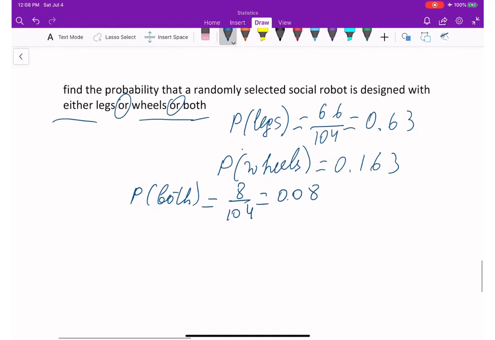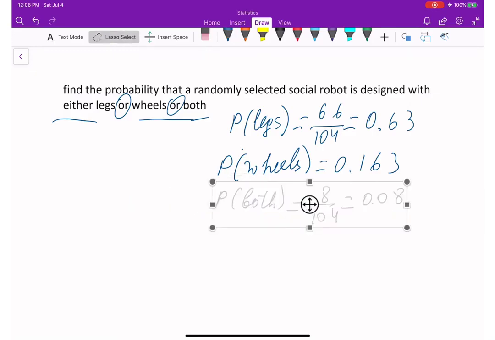So if we want to know the probability of legs or wheels or both, what we're going to do is add them up.